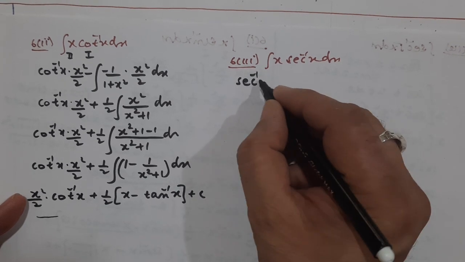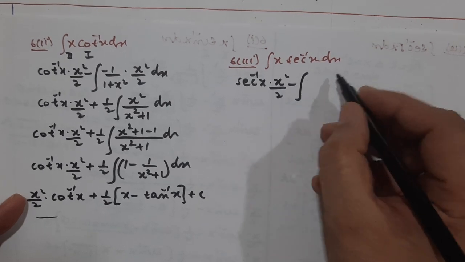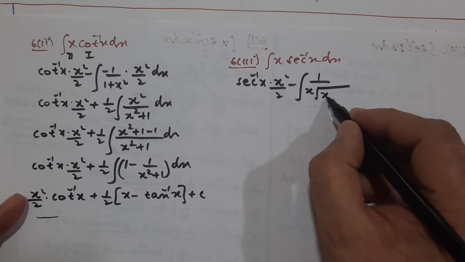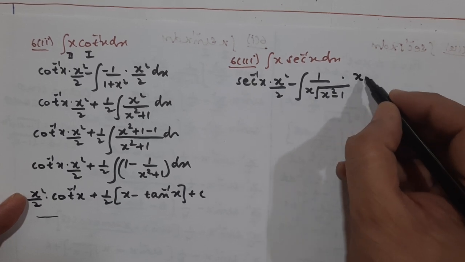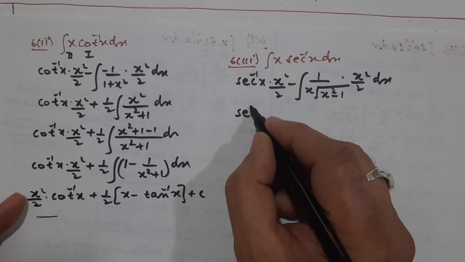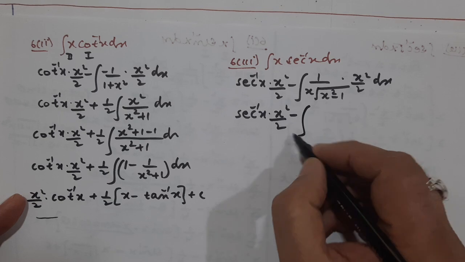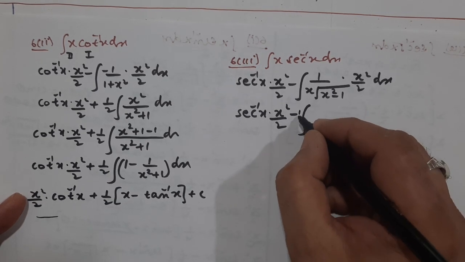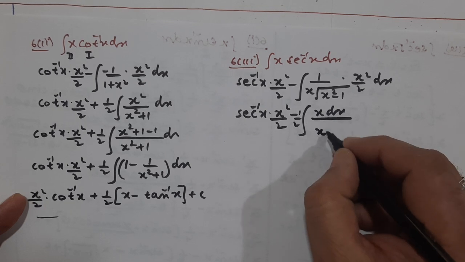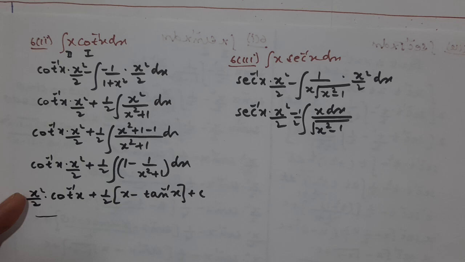Taking secant inverse as first function, integral of second function is x square upon 2 minus derivative of first, 1 upon x under root x square minus 1, into x square upon 2 dx. So we get secant inverse x into x square upon 2 minus of, keeping 1 upon 2 outside, x dx upon under root x square minus 1, like this.